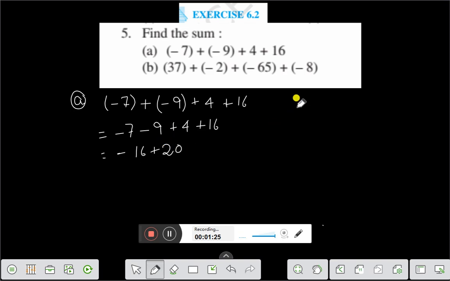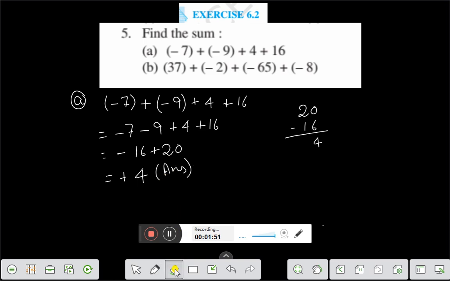Now from here, subtract the smaller number from the greater one, that is 4. Now you see which one is greater, 16 or 20. 20 is greater, therefore the symbol will be plus. This is the answer of question number A.